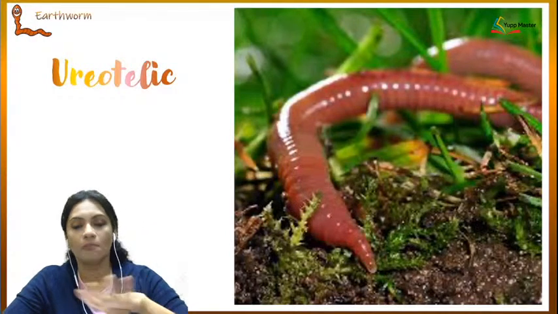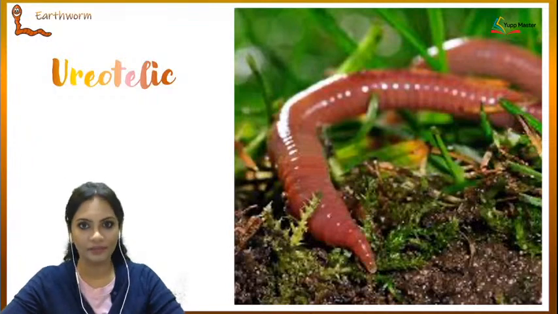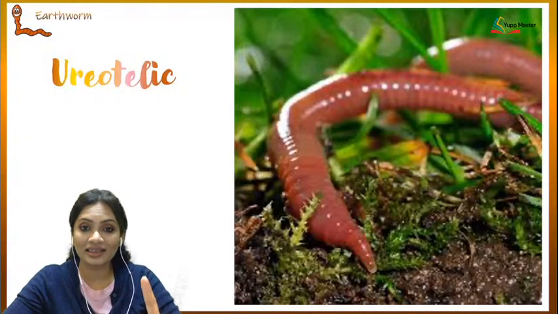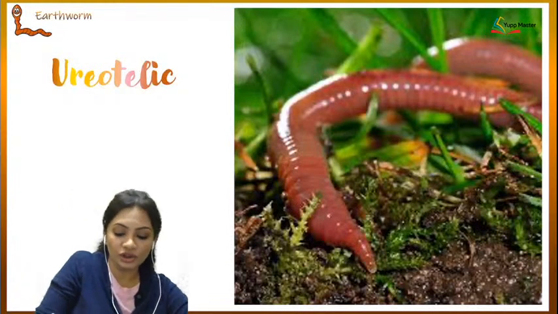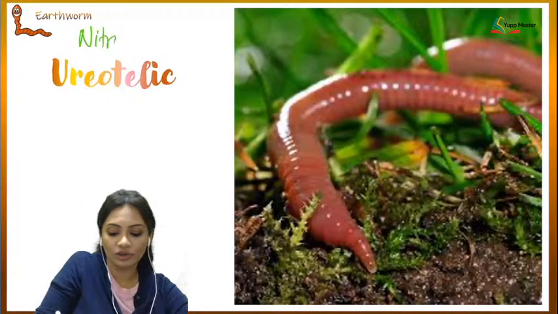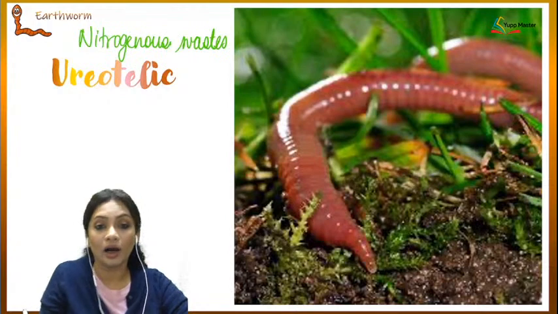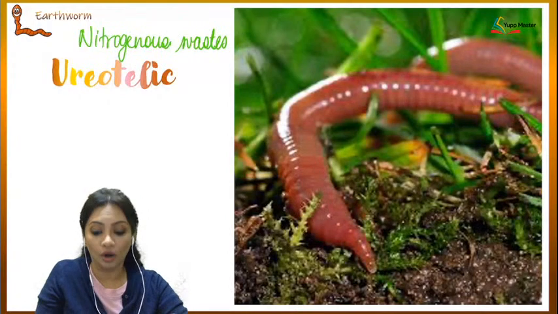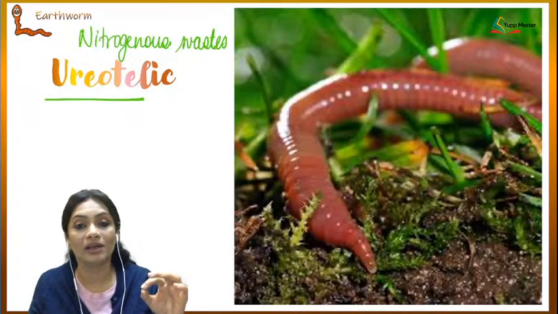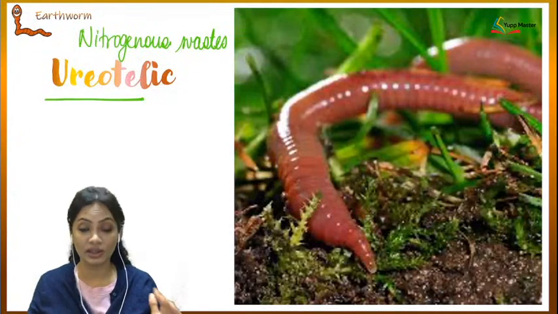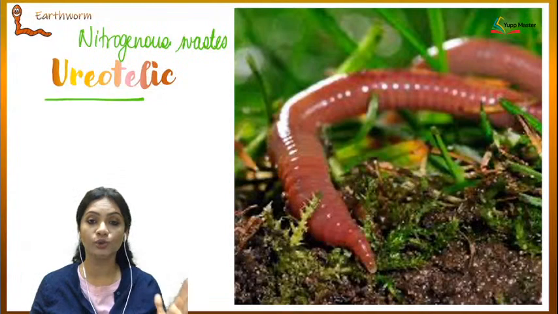All right, but mostly throughout the year, when it's not rainy season, in the dry weather, the earthworm excretes out its nitrogenous waste in the form of urea, and because it is excreted out in the form of urea, we can call these organisms as ureotelic.